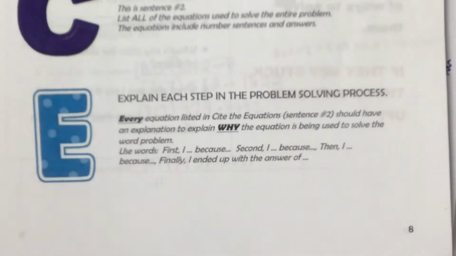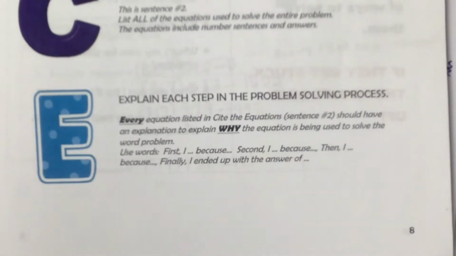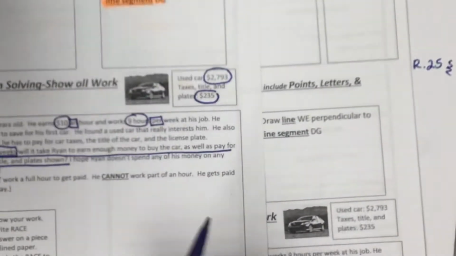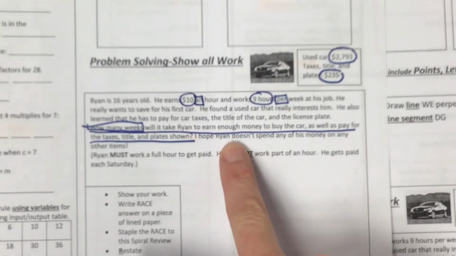You have to explain each number. And you also in your equation need to tell the answer. So really you would say first I multiplied 7 times 5 equals 35 because there are 7 children and each child will get 5 pencils, or whatever the question is. Your cite and explain will be directly in the problem.